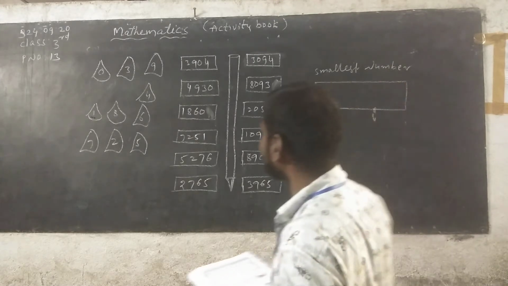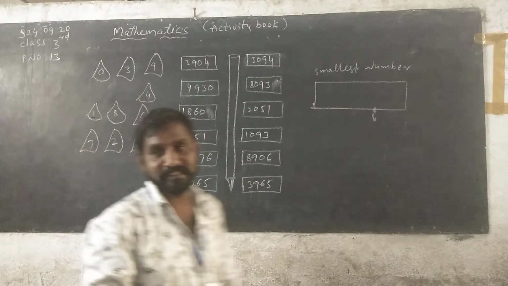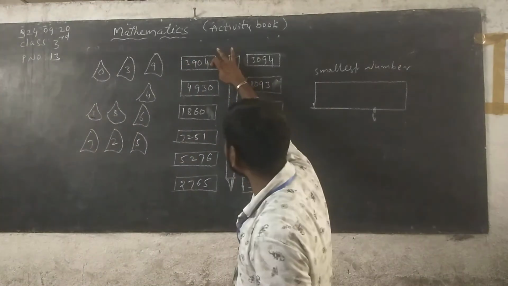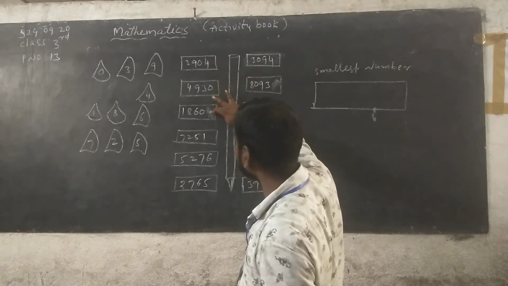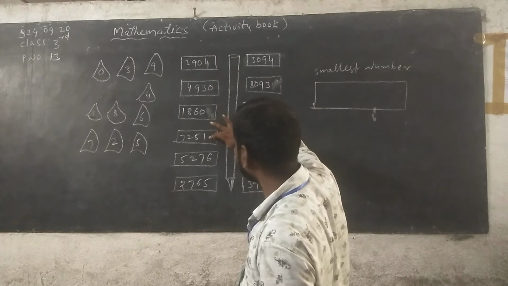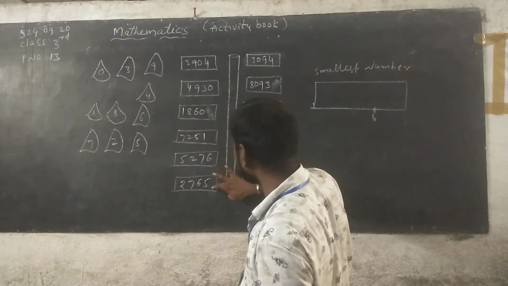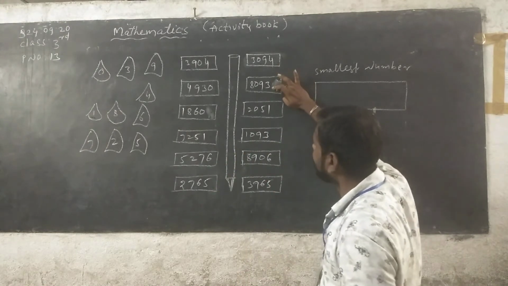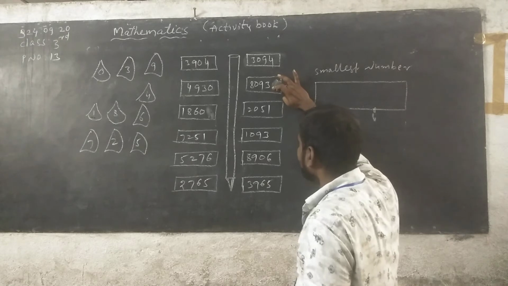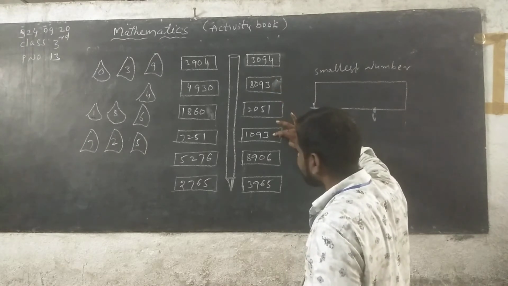See, what is the smallest number from the 12 numbers? These are 3904, 4930, 1860, 7251, 5276, 2765, 3094, 8093, 2051, 1093, 8906, 3965.